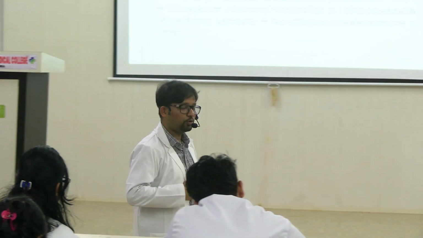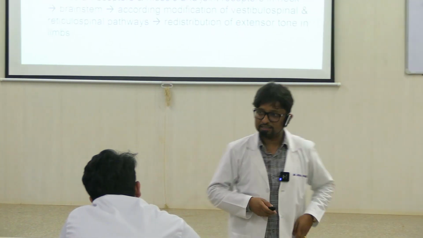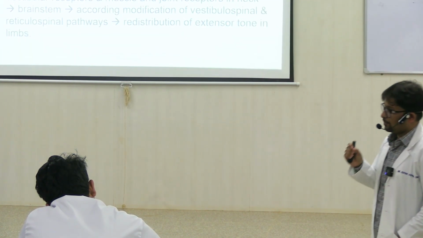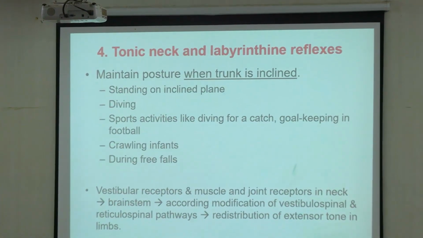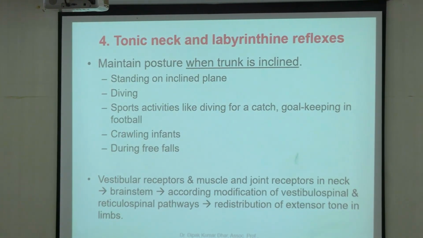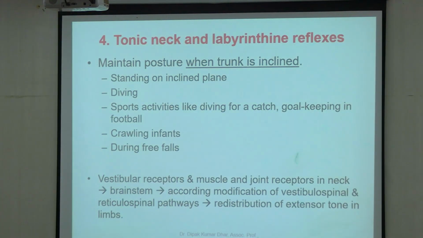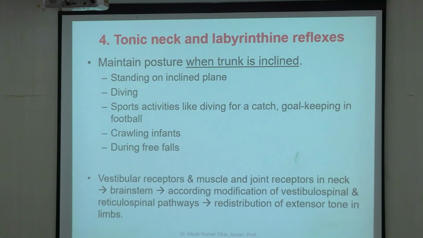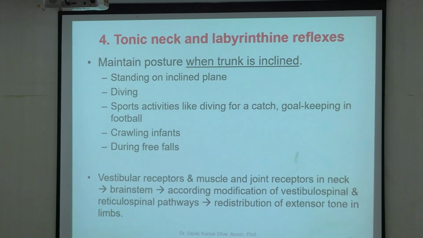Okay. Tonic labyrinthine reflex and neck reflex. The purpose of these reflexes is to maintain a steady position of your head, and these reflexes become operational when the trunk is inclined. There are a lot of conditions when the trunk of the body might get inclined, and I have listed some of them.